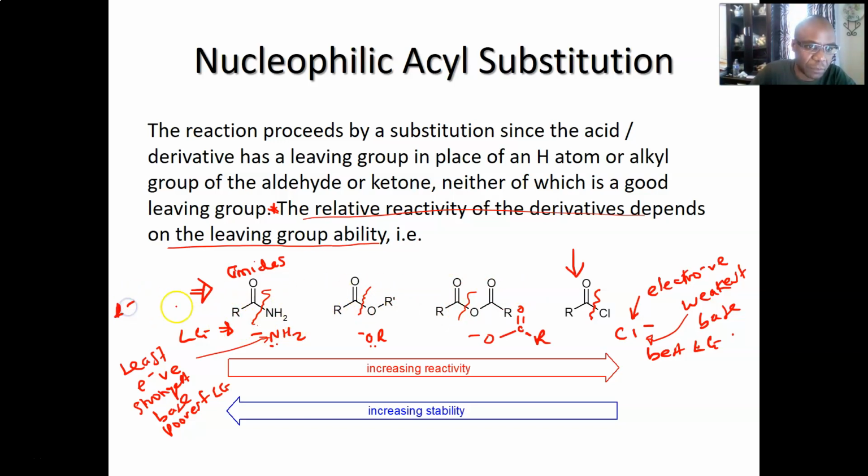Remember, these can be made from the carboxylic acid, so that's why they are called carboxylic acid derivatives. If I were to place the carboxylic acid, it would be somewhere between the amide and the ester, because OH minus is a weaker base than NH2 minus if this had to leave.